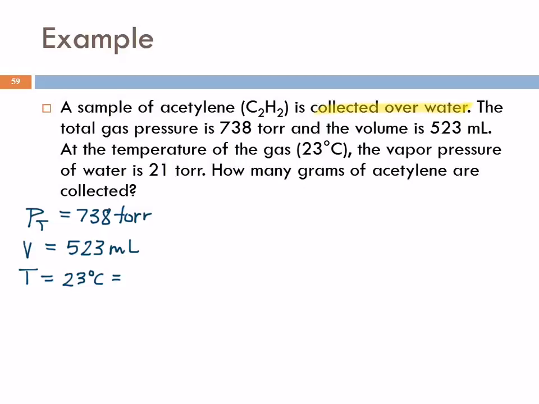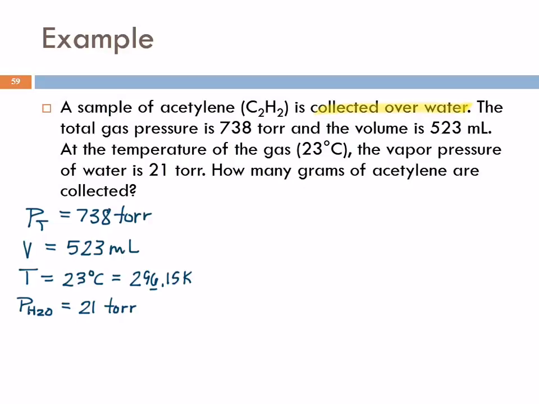Let's just convert that to Kelvin right away. 296. And the vapor pressure of water, so that's the partial pressure of water, at that temperature is 21 torr. So we want to know grams of acetylene.